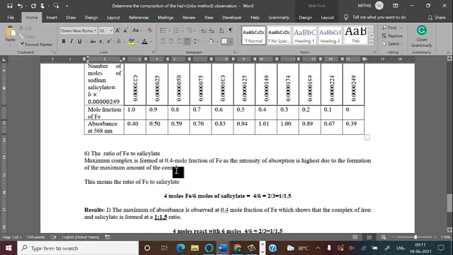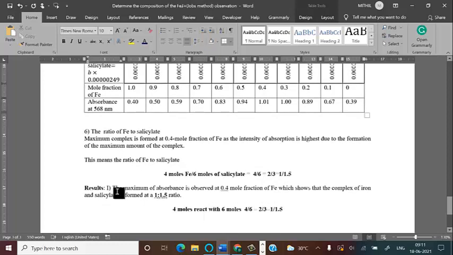By the Beer-Lambert law, absorption is directly proportional to the concentration, and the path length was constant, so it does not matter. This means the ratio of Fe to sodium salicylate is 4 to 6 moles. So 4 by 6 is 2 by 3, which is equal to 1 by 1.5.